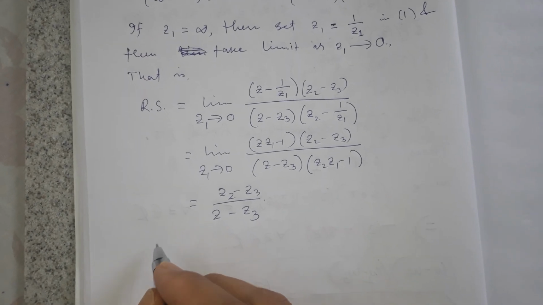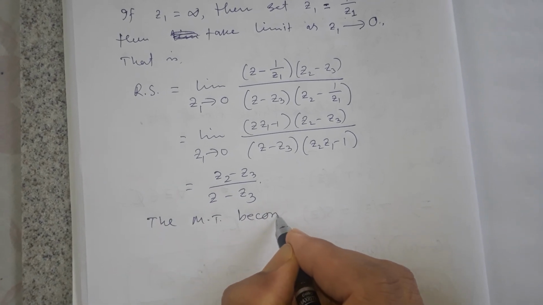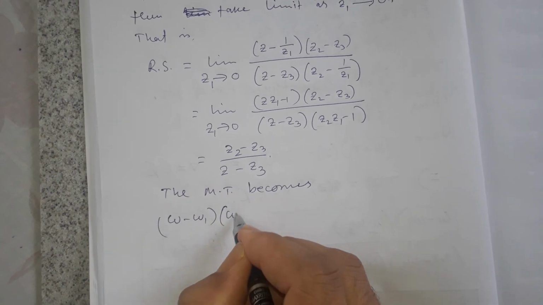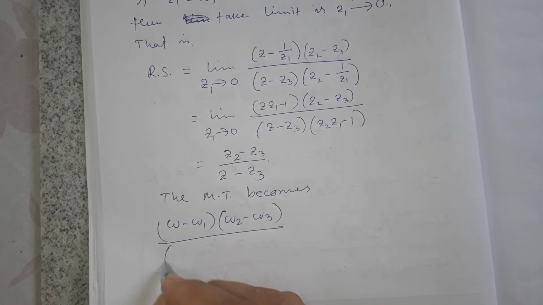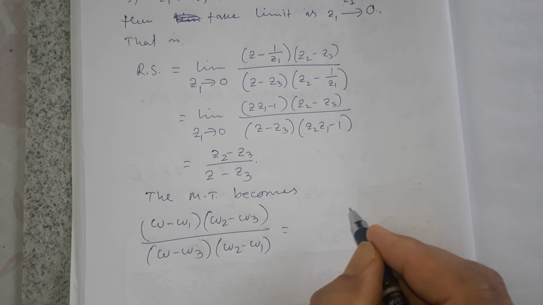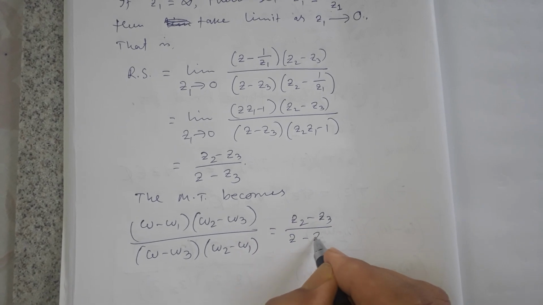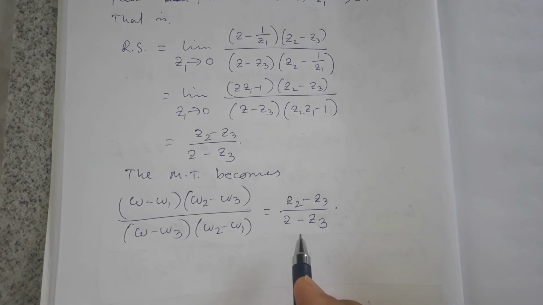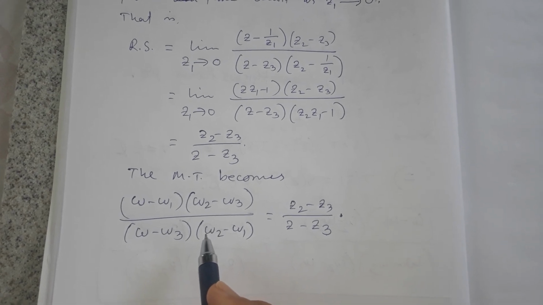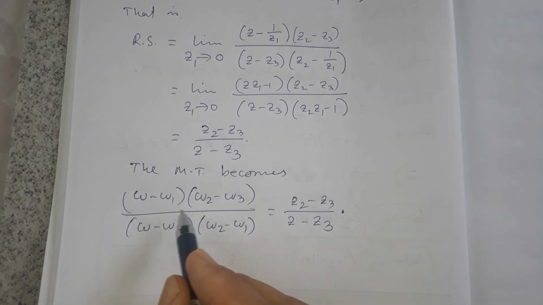Thus the Mobius transformation becomes (W minus W1)(W2 minus W3) over (W minus W3)(W2 minus W1) equal to, on the right hand side, (Z2 minus Z3) over (Z minus Z3). So we formally got the Mobius transformation that transforms the point at infinity, Z2 and Z3 to W1, W2, W3.